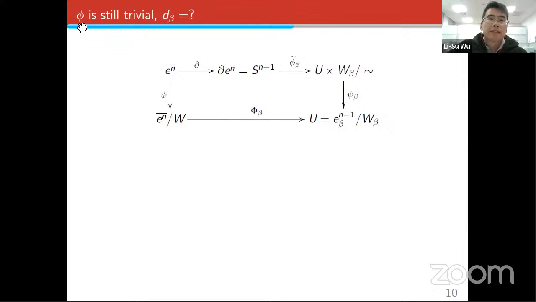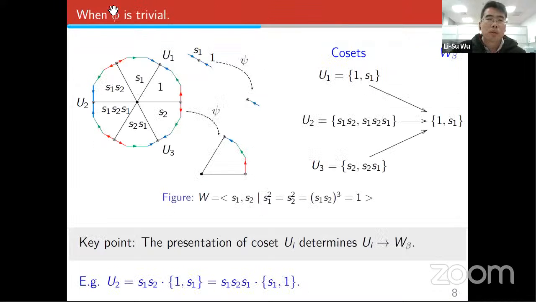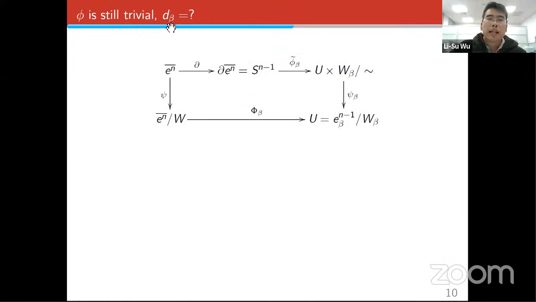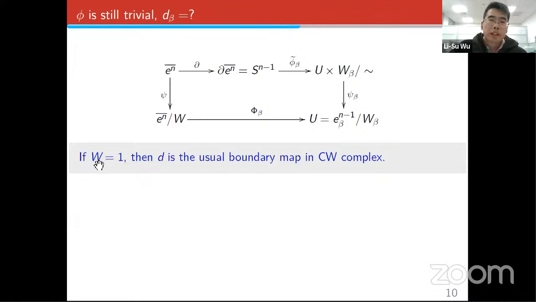So let's say this d_beta is still trivial. That is, we want to know what d_beta equals. If the bigger cell is a trivial Coxeter cell, then this cell is just a regular cell. The regular cell contains no singular cell in its boundary.